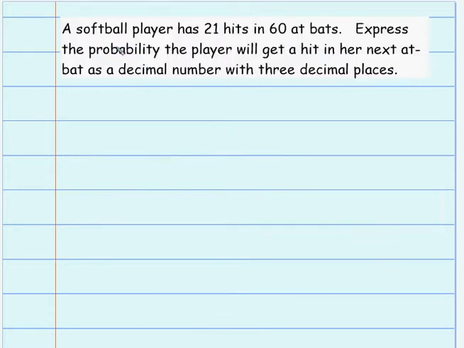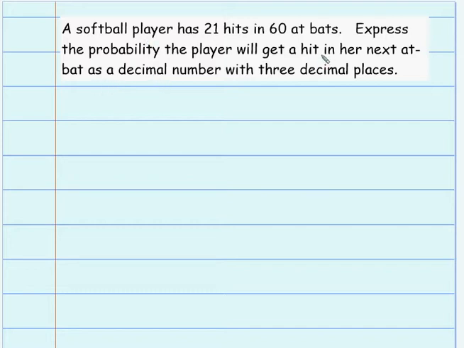So a softball, we're going to do 3 problems. A softball player has 21 hits in 60 at-bats. Express the probability the player will get a hit in her next at-bat as a decimal number with 3 decimal places.